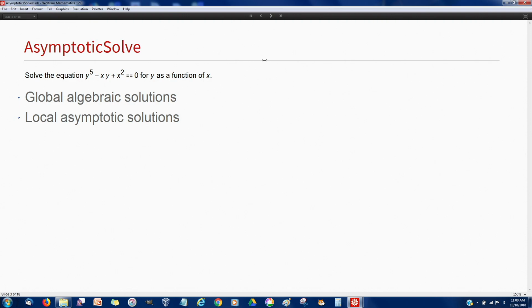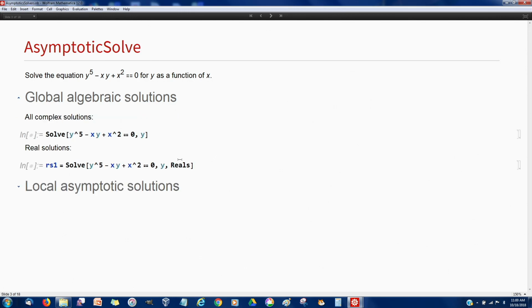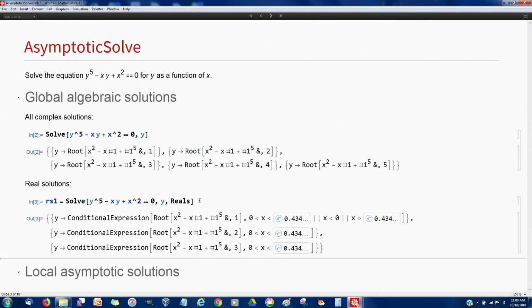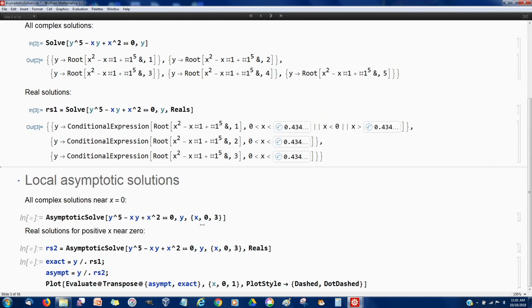So first, AsymptoticSolve. Suppose we want to solve an equation in two variables for y as a function of x. We can get global algebraic solutions with Solve, and we can get a solution over the reals. Using AsymptoticSolve, we can get local solutions near a specified value of x.